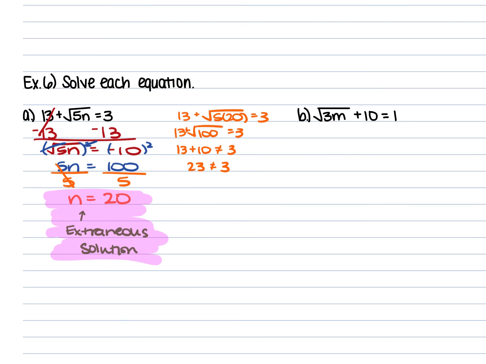For example B, you have the square root of 3m plus 10 is equal to 1. For this, we're going to subtract the 10 from each side. You get the square root of 3m is equal to negative 9.